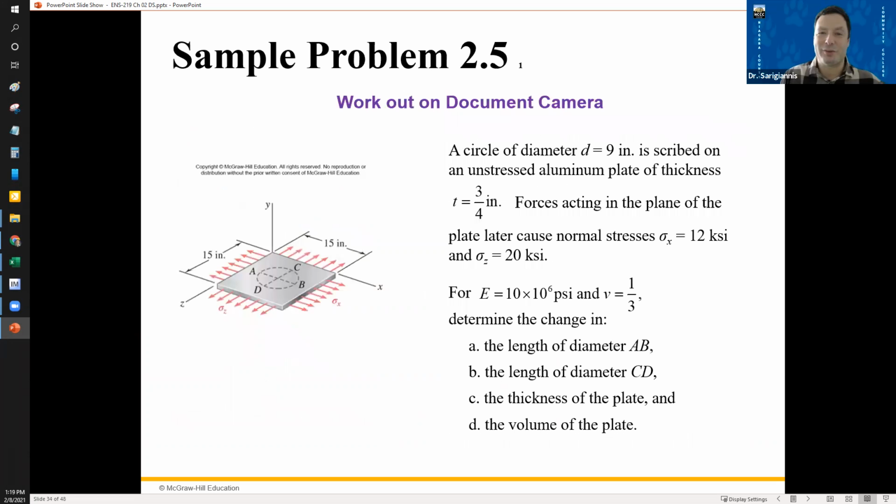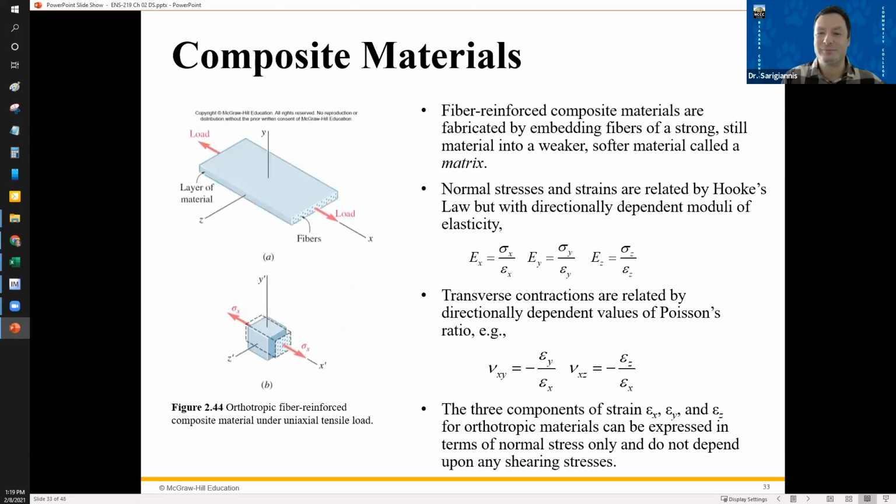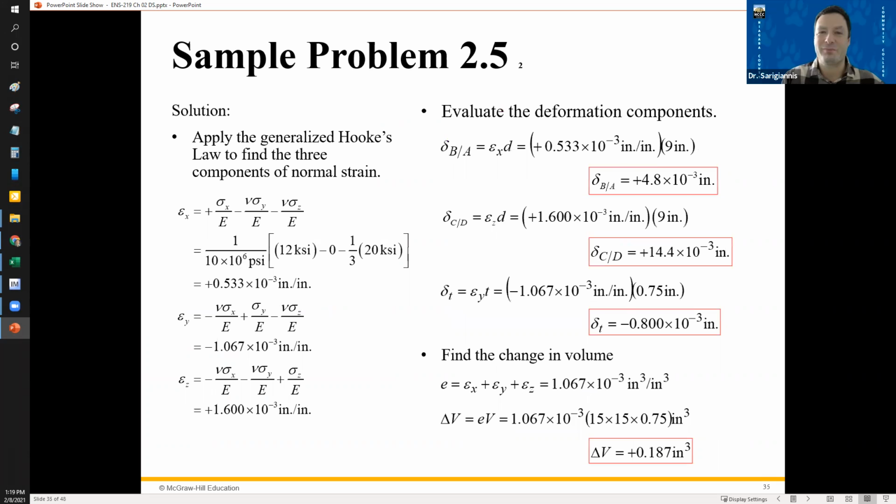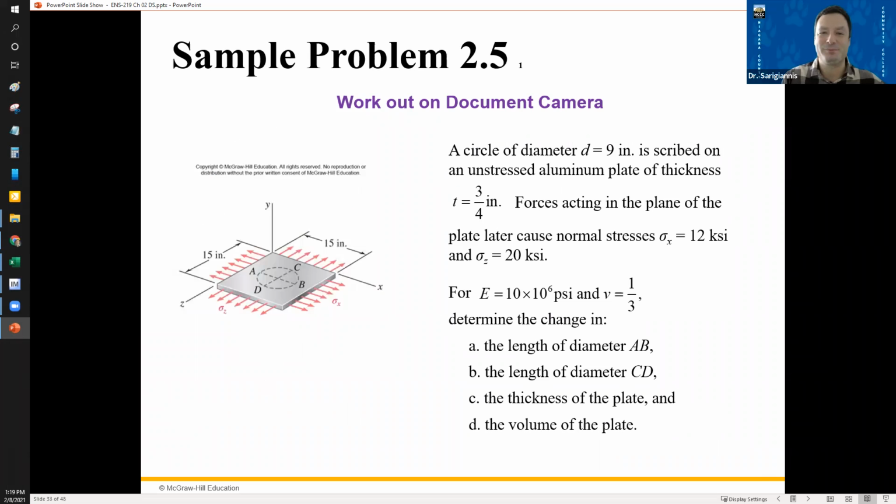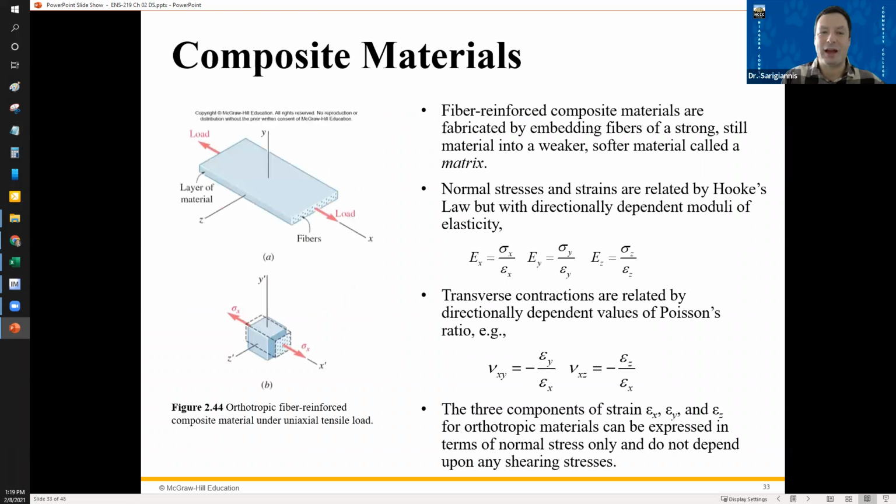Let's see, I think the next one was, I'm trying to remember, solution. Yeah, you're going to have to look in the book for an example on composite materials, because all you have to do is treat the matrix and the fibers separately, depending on what you're doing.